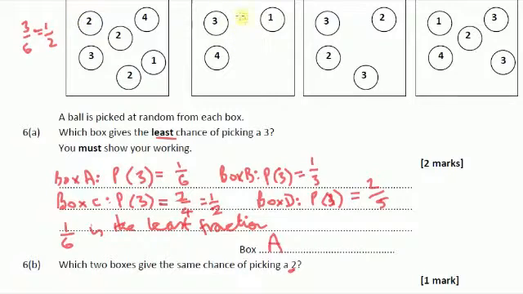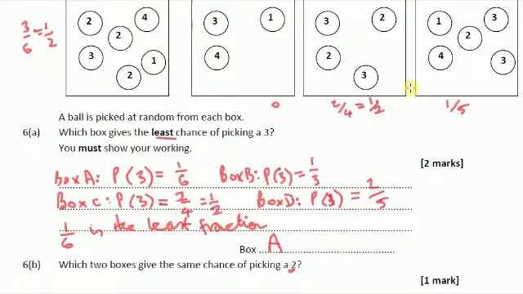Chance of getting a 2 in the second box, there aren't any 2s, so it's 0. Chance of getting a 2 in the third box, box C, there are 2 out of 4, and 2 out of 4 is equal to a half. And the last one, there's only one ball named 2, so there's 1 chance out of 5.